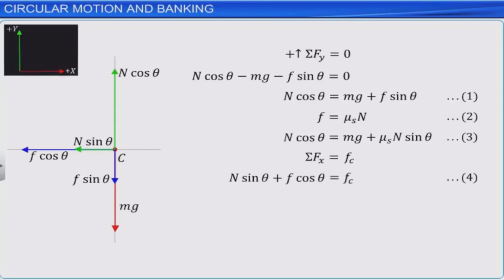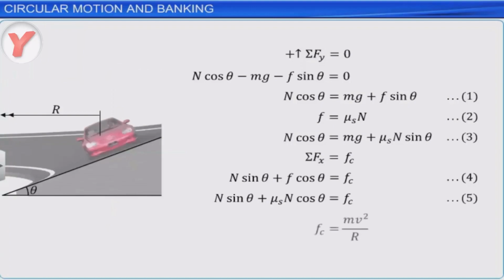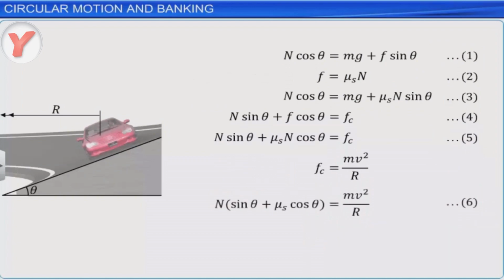Substituting equation 2 in equation 4 and solving, we get equation 5 as N sin theta plus mu s N cos theta equals Fc. But Fc is equal to mv squared divided by r. Substituting this in equation 5, we get equation 6 as shown.